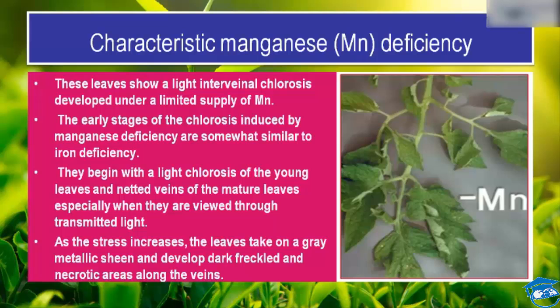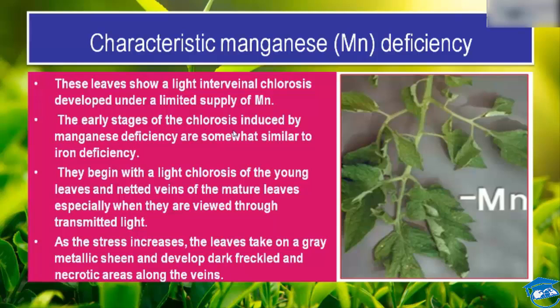It activates many enzymes which are involved in photosynthesis, respiration, nitrogen metabolism. Okay, and the best defined function of manganese is in the splitting of water to liberate oxygen during photosynthesis, students. So these leaves show a little intervenal chlorosis which is developed under limited supply of manganese.